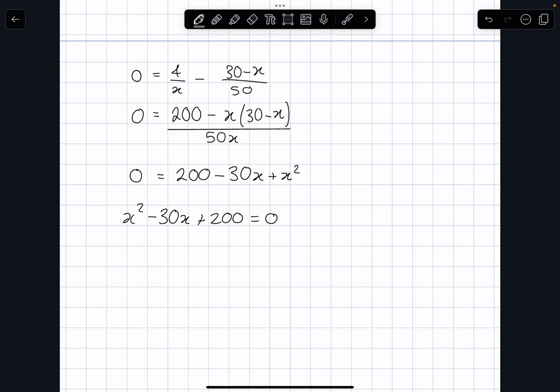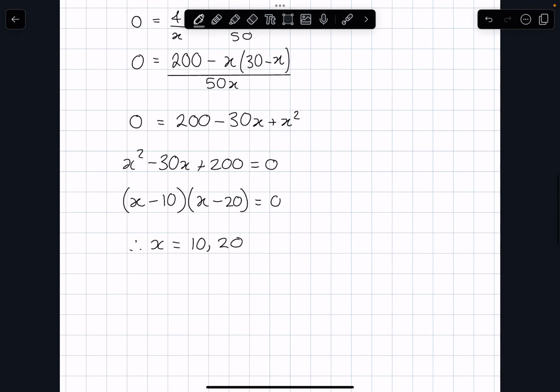This looks like a complicated quadratic, but we can easily do sums and products. I've got two numbers that I need to multiply to 200, but add up to negative 30. That is both negative, so I've got negative 10 and negative 20. Therefore my two x solutions are 10 and 20.